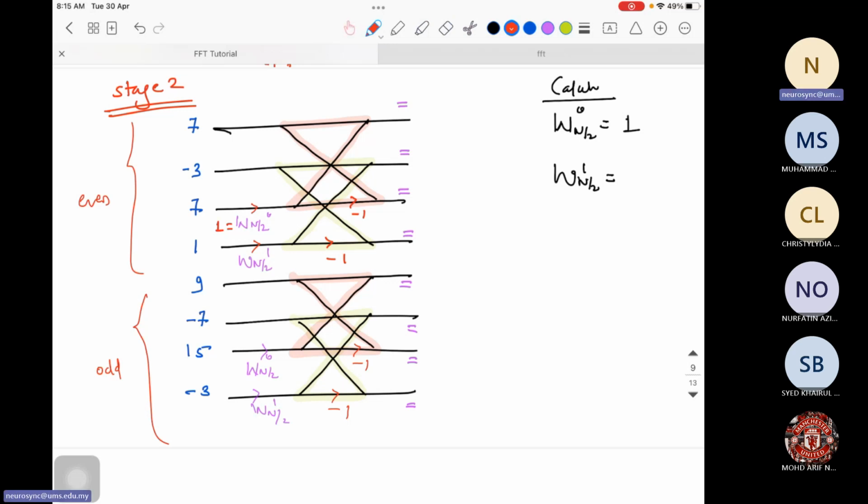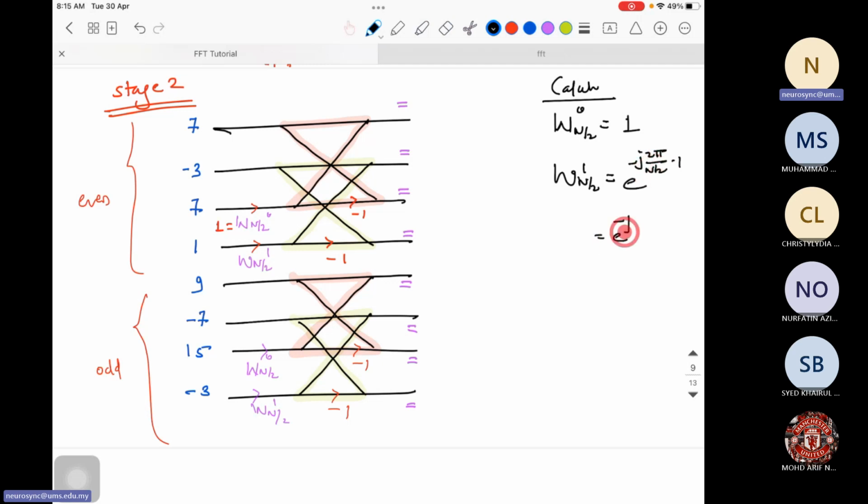Here n is equal to 8. How much is it? E to the power minus j 2 pi by n by 2 into 1.